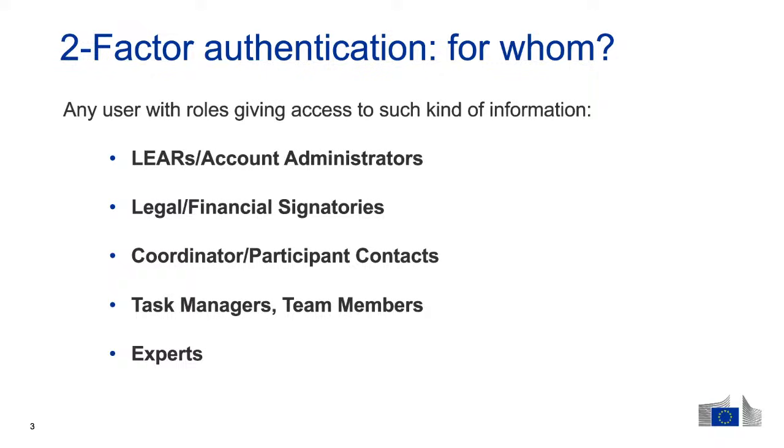It is the legal and financial signatories having access to project information, the same for coordinator contacts and participant contacts, task managers and team members who are involved in managing the grants. And it applies also to the experts having an expert profile in our expert database.